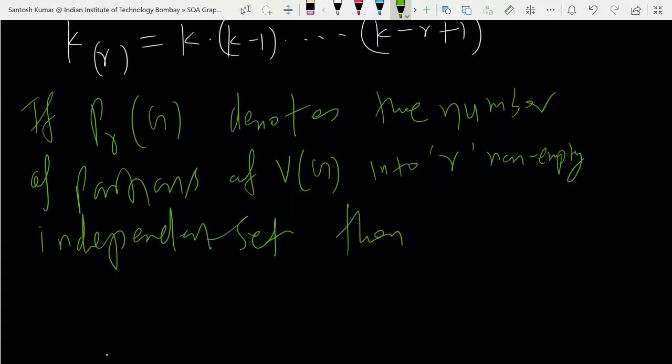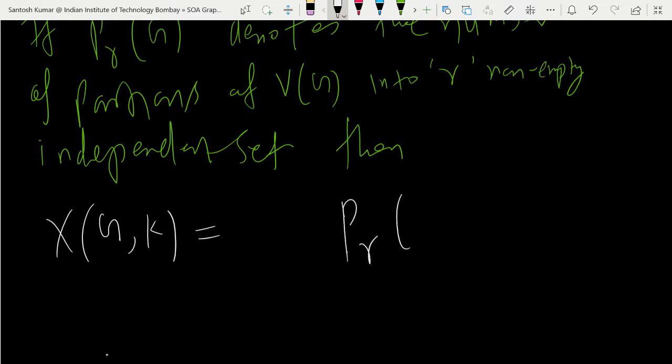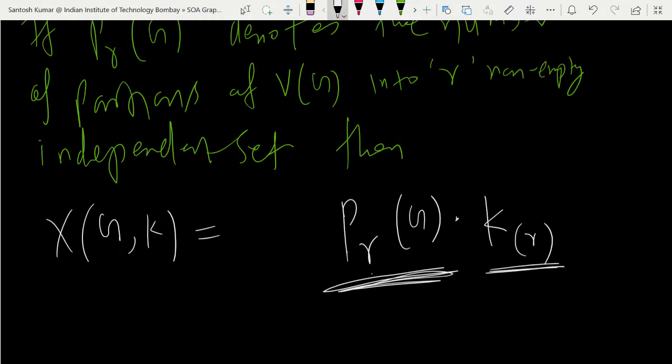Then the result we want is that the chromatic polynomial of G using k colors is the sum of PrG into kr. PrG is the total number of partitions of the vertex set of a graph into r non-empty independent sets. That means first you count how many partitions of the vertex set into r classes exist, and then you use r colors out of k colors.